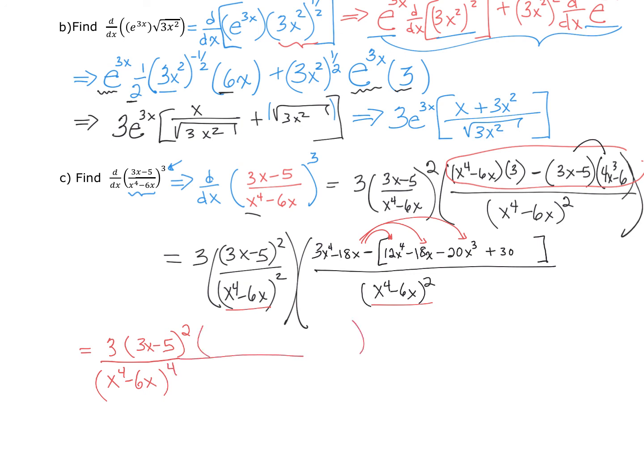And then we'll simplify this. So 3x to the 4th minus 12x to the 4th is minus 9x to the 4th. Minus 18x plus 18x goes away. And then we get plus 20x cubed minus 30.